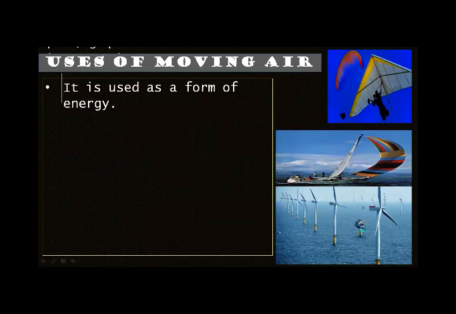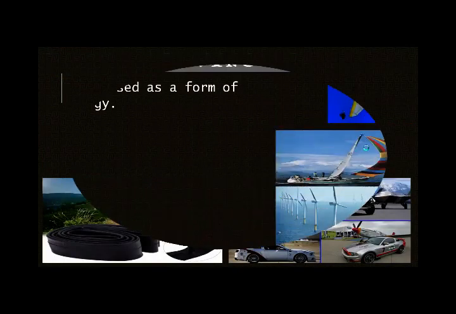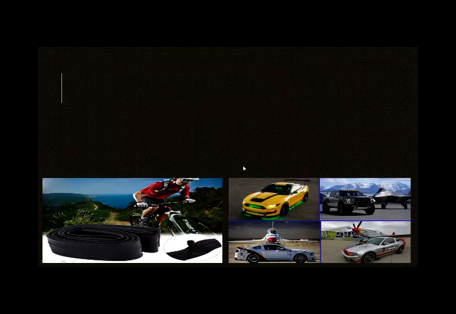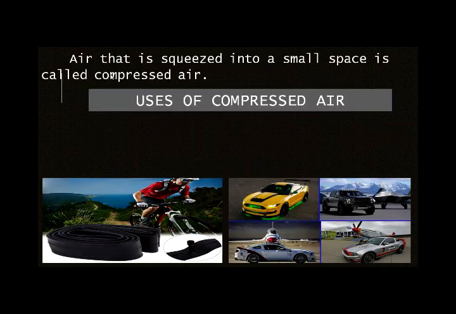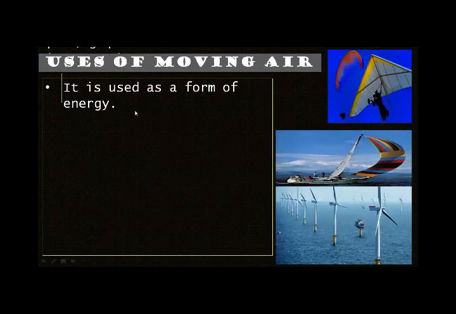The second use of air is that sailing boats use the power of moving air to move across the water. You can observe the sailing boat. The sailing boat uses the power of moving air to move across the water.